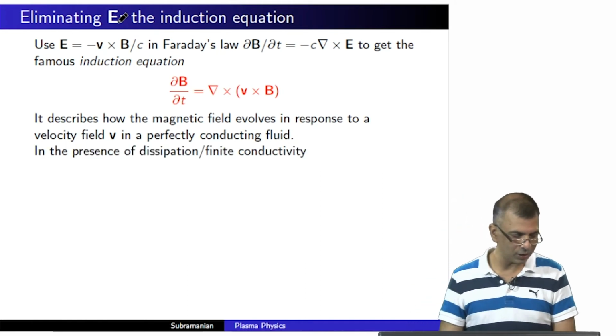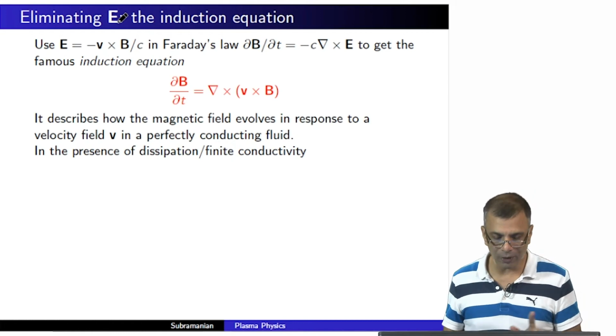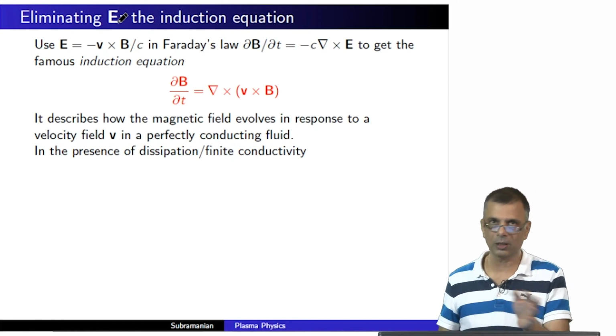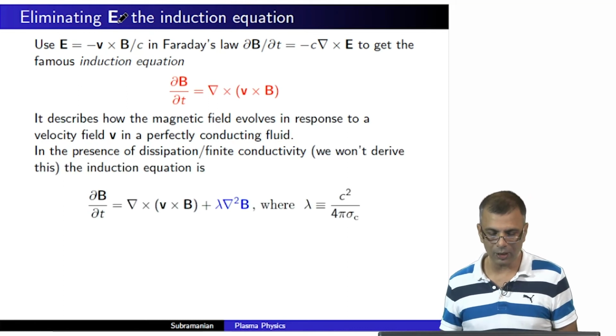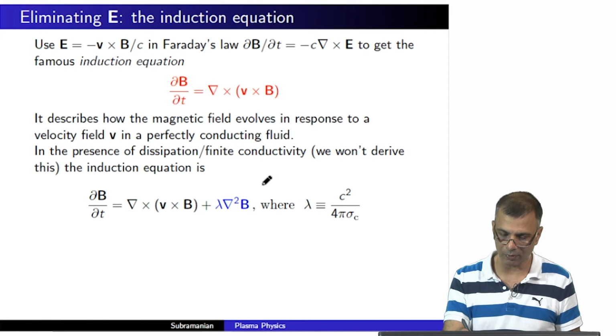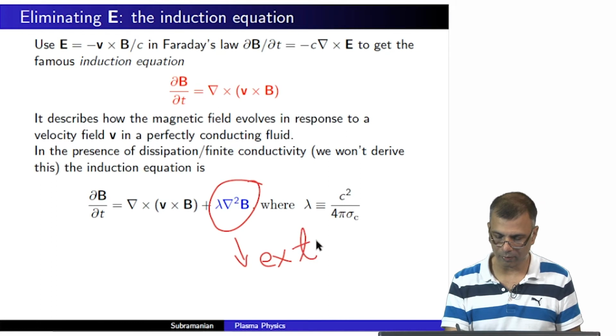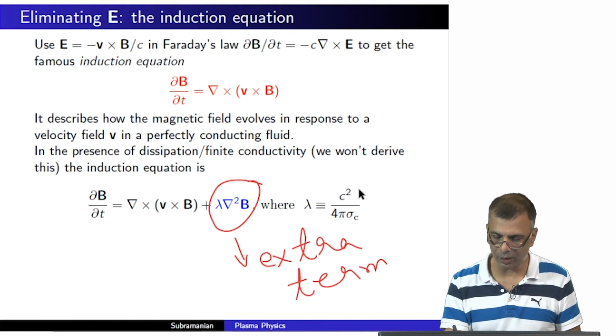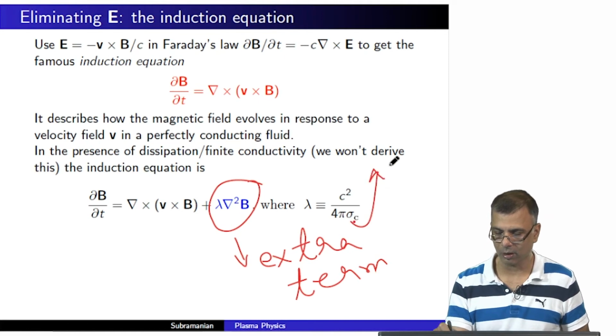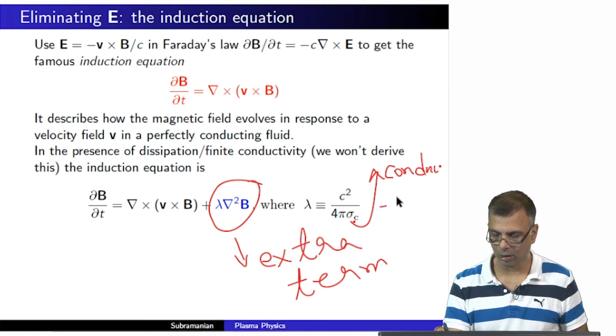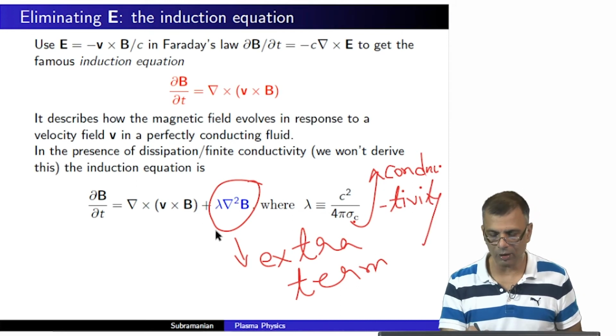However, we will not derive this, but we will say this: in the presence of finite conductivity, in other words, in the presence of dissipation, the induction equation has this extra term. Where this lambda is related to the conductivity sigma c. This is the conductivity. Okay. So, you have the conductivity in the denominator here.